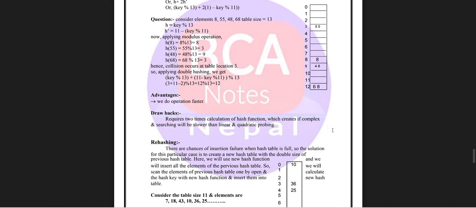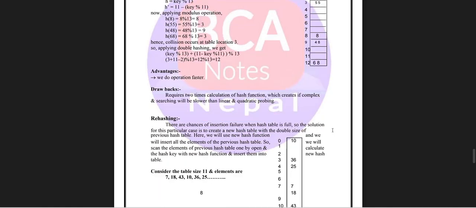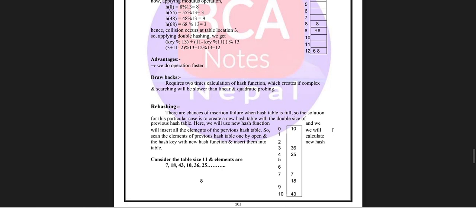Rehashing. There is a chance of insertion failure when the hash table is full. The solution for this particular case is to create a new hash table with double the size of the previous hash table. Hence, we will use a new hash function. We will insert all the elements of the previous hash table: scan the elements of the previous hash table one by one, hash the keys with the new hash function, and insert them into the new table. Elements 10, 36, 25, 7, 18, 43.